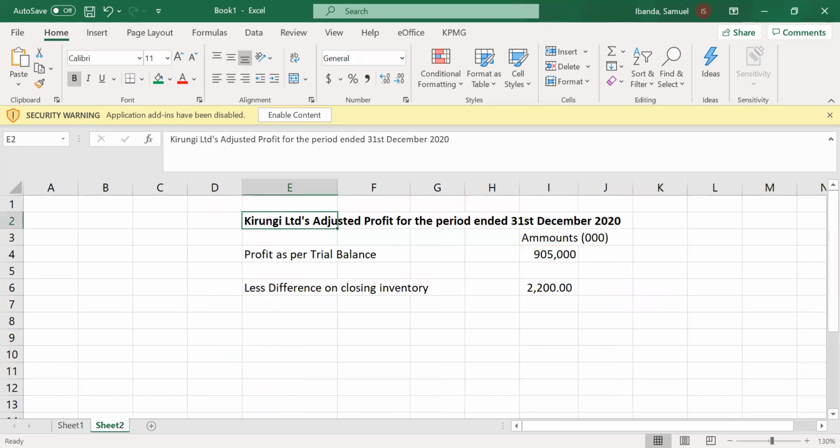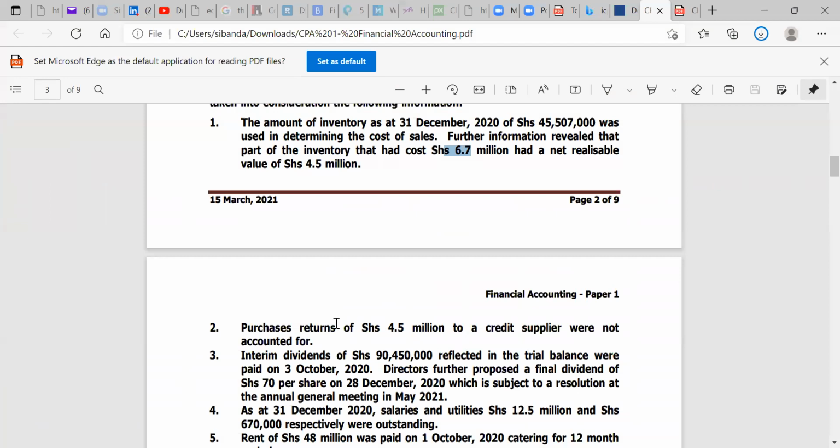I hope you can pick something small. If you don't understand, then you can try to rewind back if you're watching a replay of this and try to listen to it again and see if you can picture it. But I believe you have. Let me just demonstrate when it comes to purchase returns, and you're going to see something happen here. So they're telling us that purchase returns of 4.5 to a credit supplier were not accounted for.